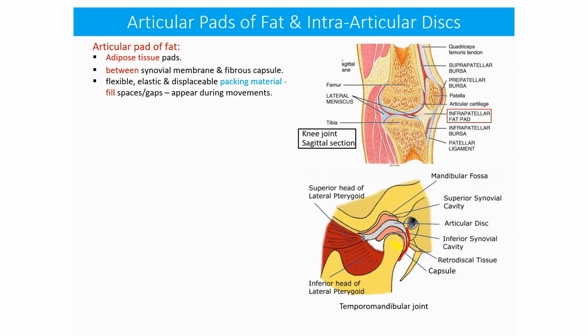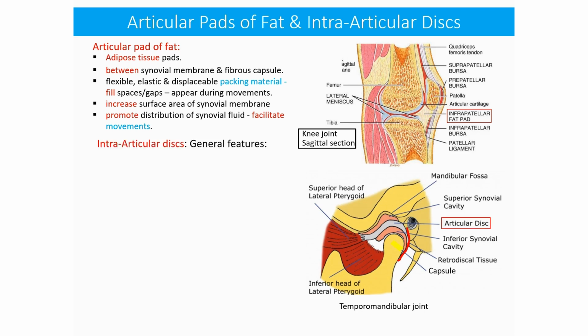They are flexible, elastic, and displaceable packing material, which fills the spaces or gaps which appear between the articulating bones during movements. They increase the surface area of the synovial membrane and promote distribution of synovial fluid, hence facilitate movements.